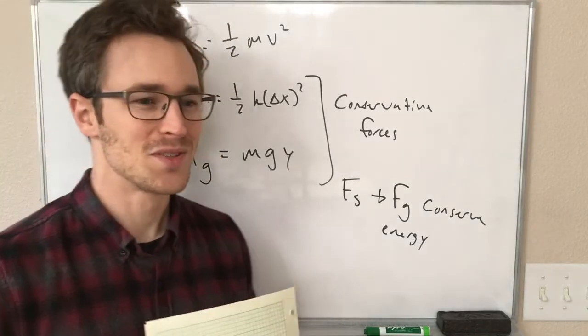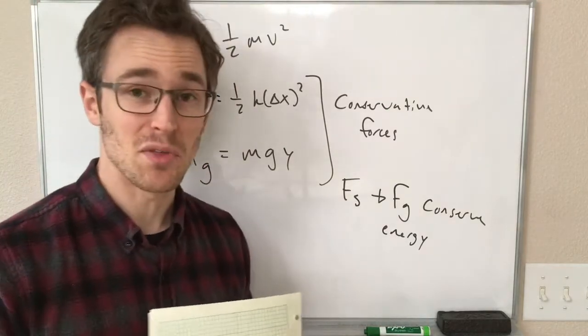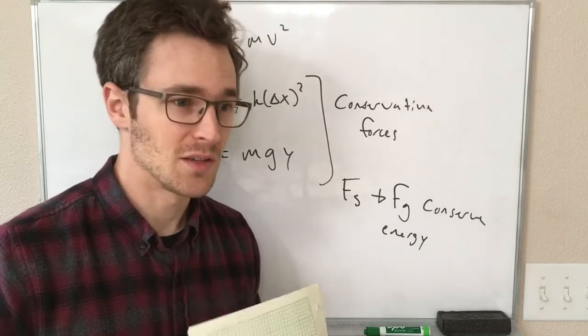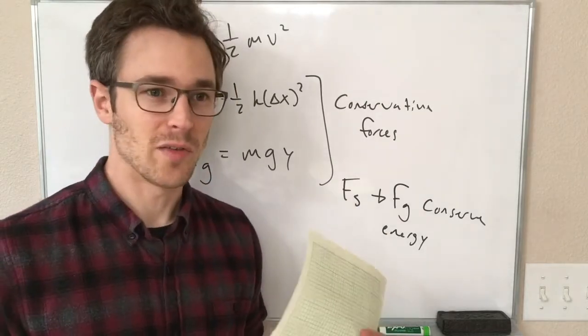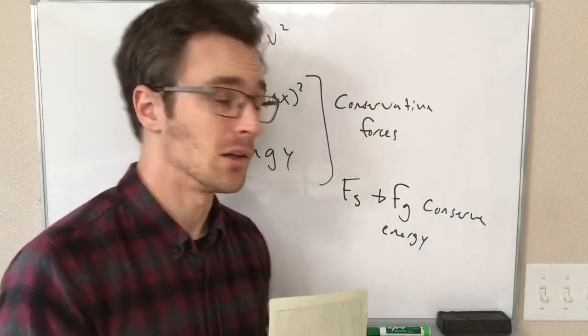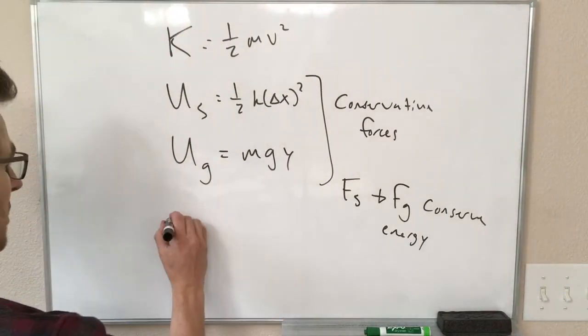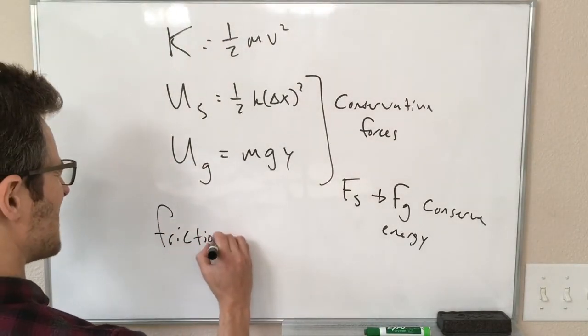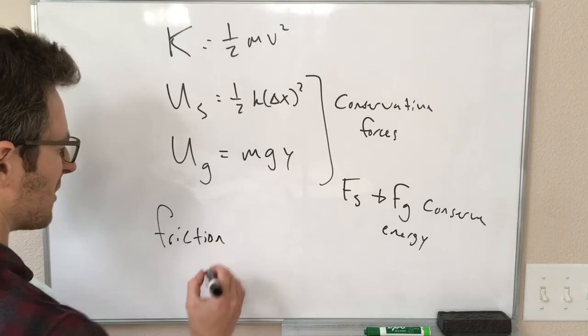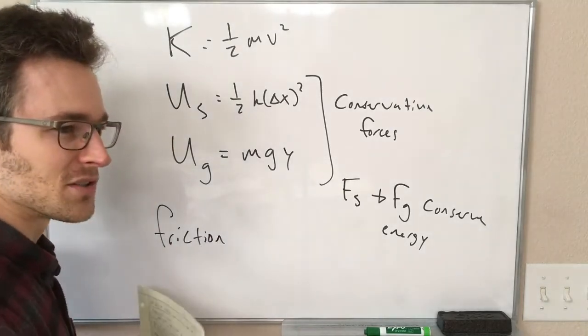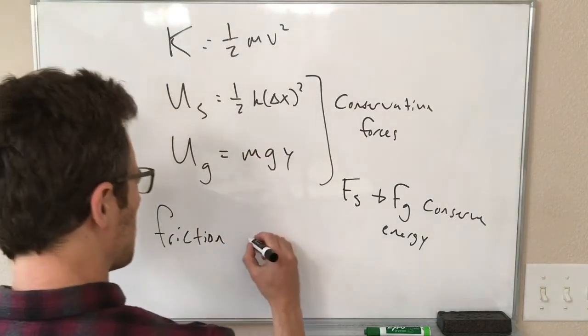So when I say things don't conserve energy, that doesn't mean big picture not conserved. That means they don't conserve our mechanical energy. I just have to give that disclaimer or else people will think that energy is not conserved in the universe.